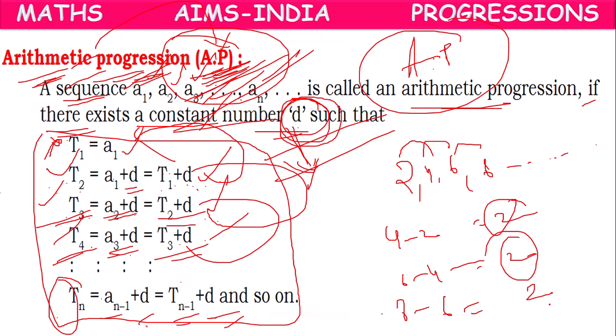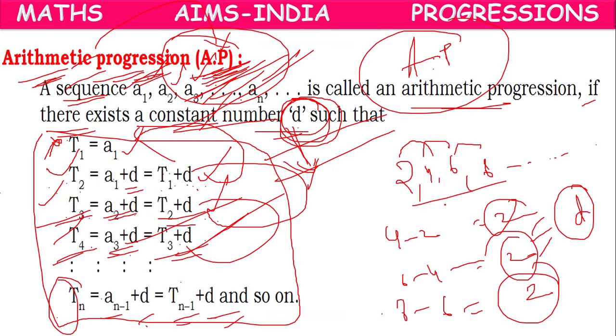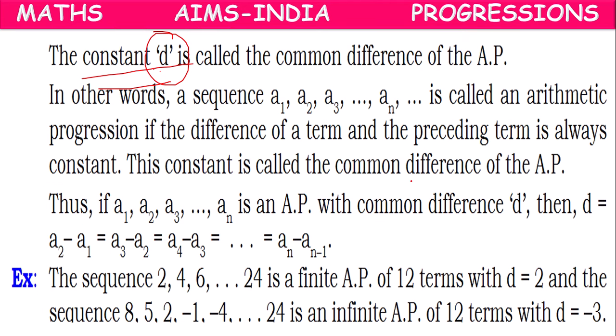The difference between any two terms is common, and this 2 is called common difference whose symbol is D. So this is an example of arithmetic progression. So here the constant D, which we named as common difference in this example, is called common difference of the AP.